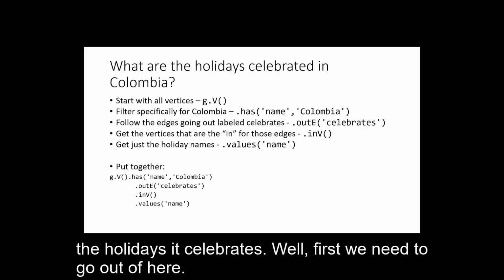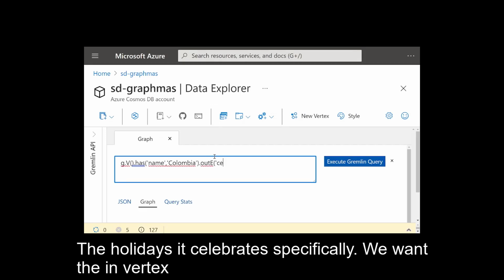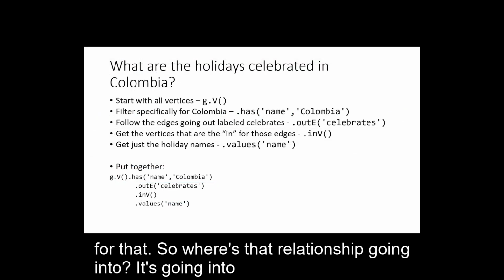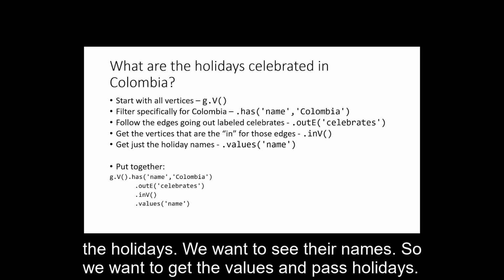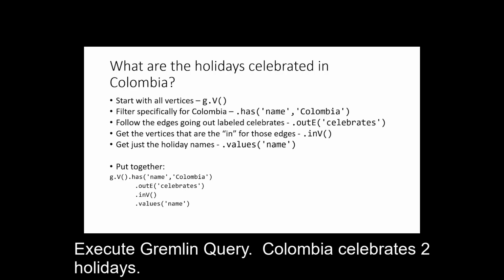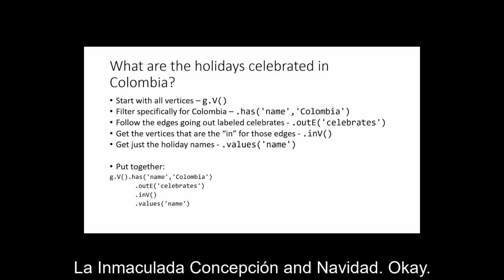Well, first we need to go out of here. We want to follow celebrates specifically. We want the in vertex for that. So where's that relationship going into? It's going into those holidays. And we want to see their names. So we're going to get the values and we're going to pass in the name property. So values, pass in the property name of the values you're trying to get. Execute Gremlin query. Colombia celebrates 2 holidays: La Inmaculada Concepción and Navidad.